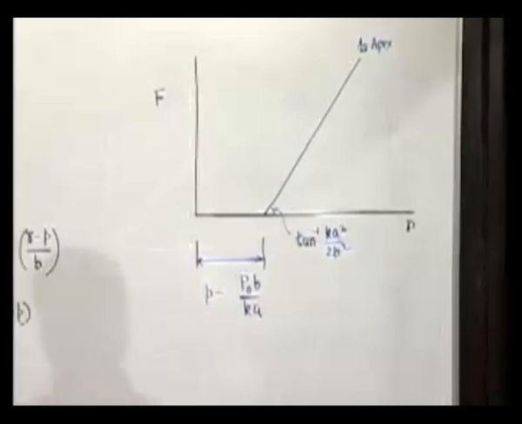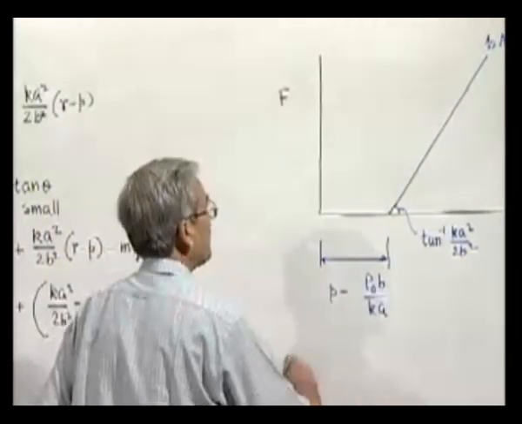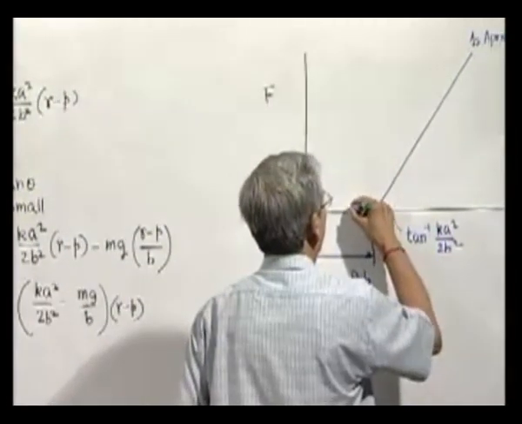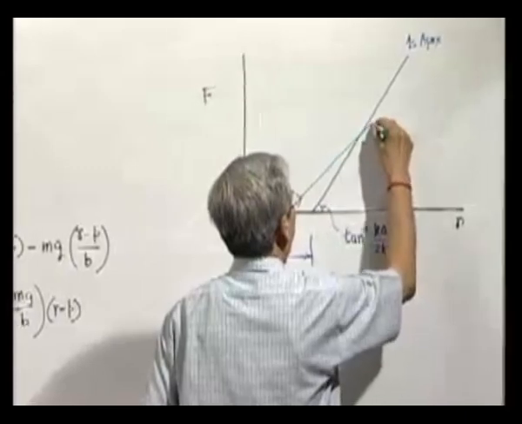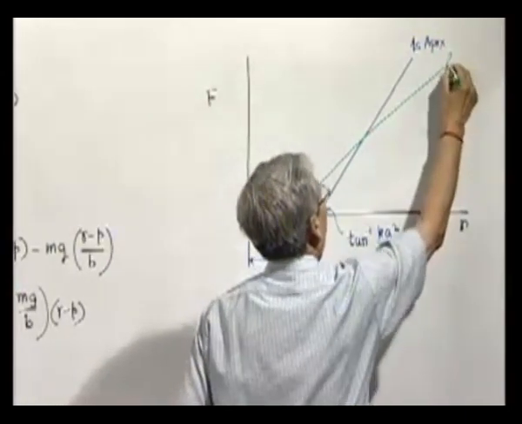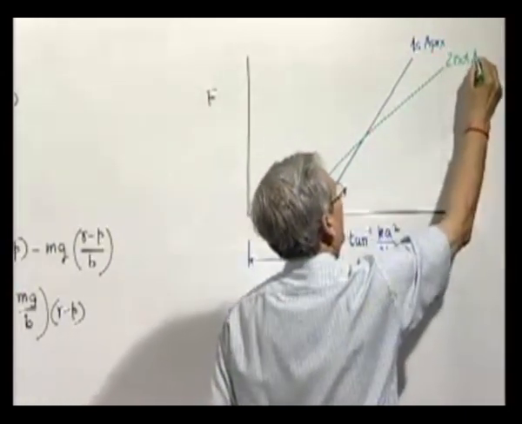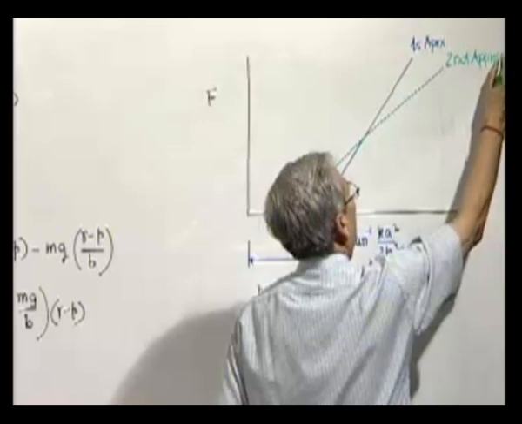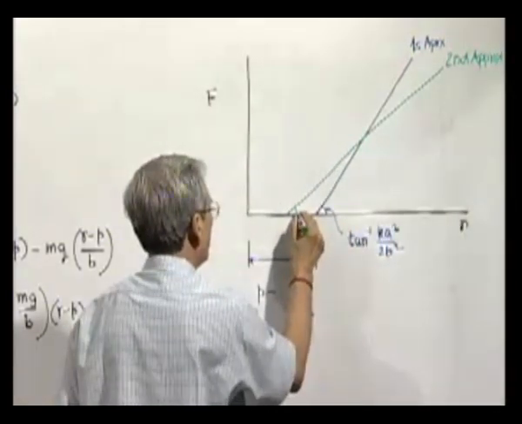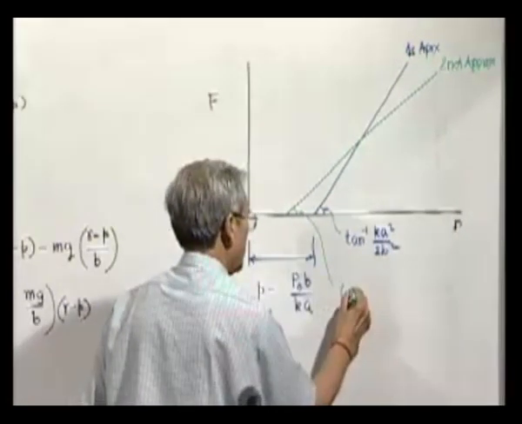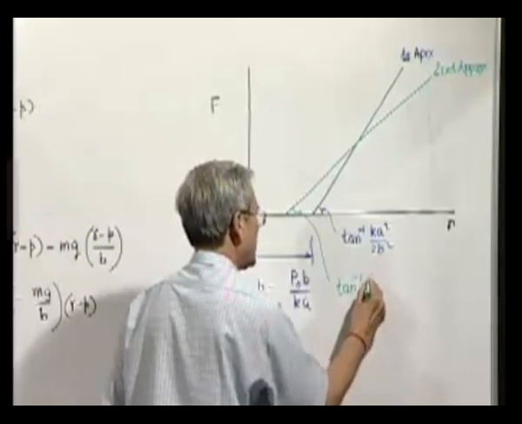So therefore, we will get another straight line whose slope is slightly less than this.